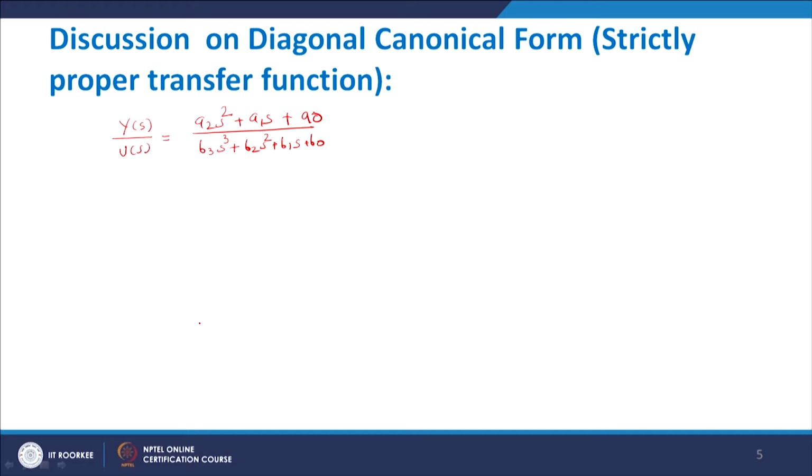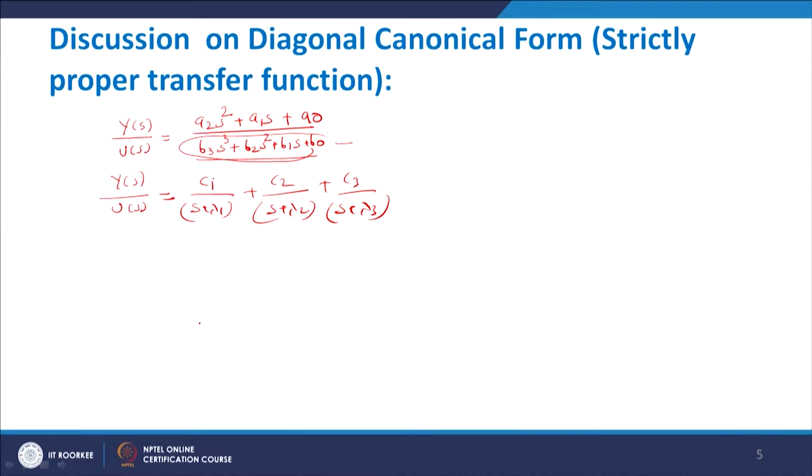Here we assume that the eigenvalues or roots of this are distinct. Therefore, we will write this transfer function as Y(s)/U(s) equal to C1 upon s plus lambda 1, plus C2 upon s plus lambda 2, plus C3 upon s plus lambda 3.